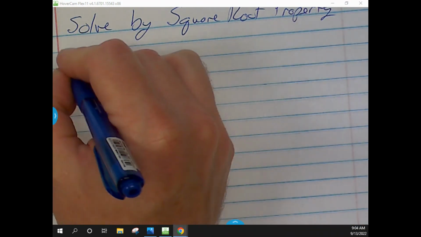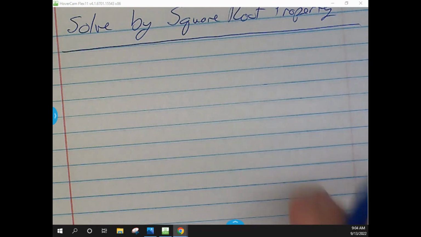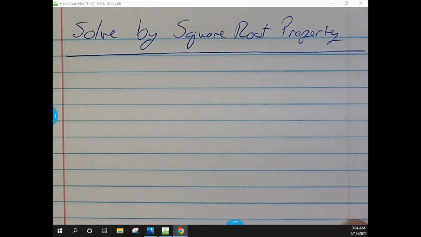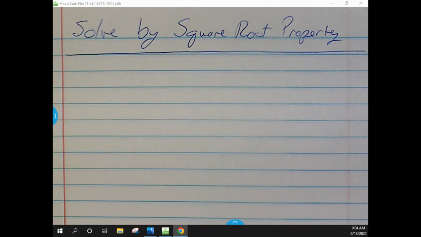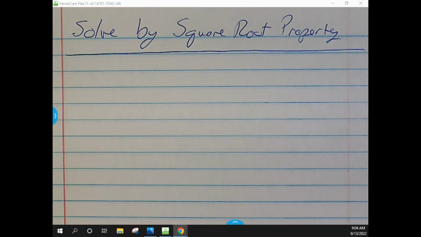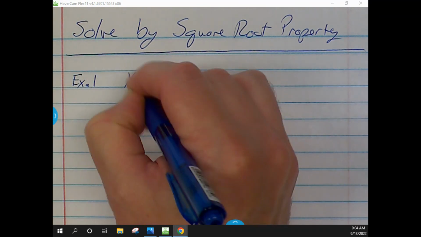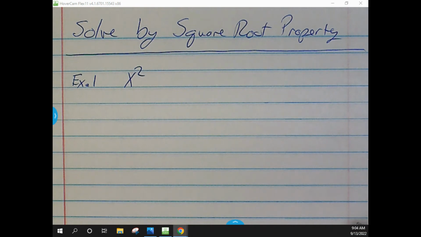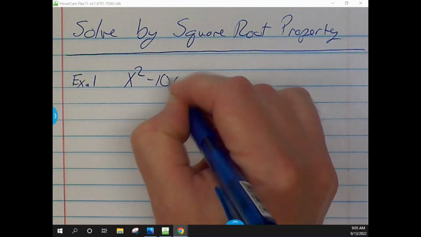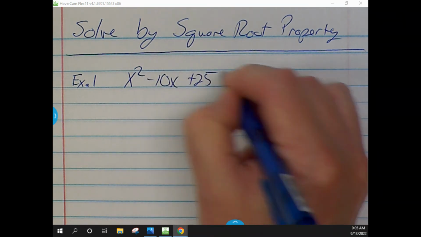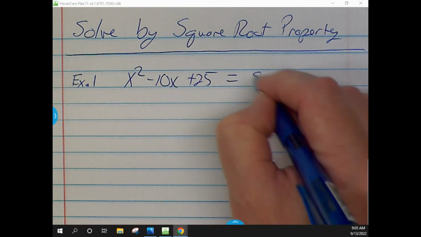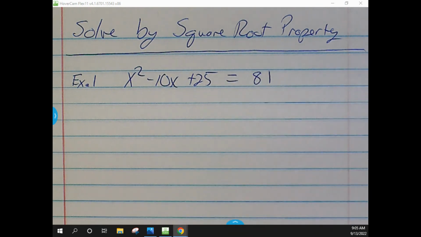But here's where they put the two things together. So we're going to do x squared minus 10x plus 25 equals 81.